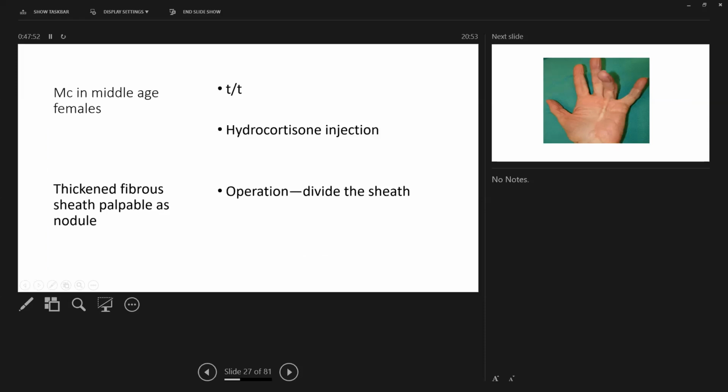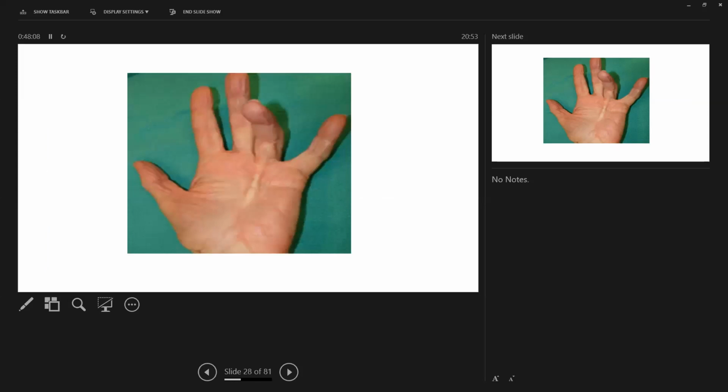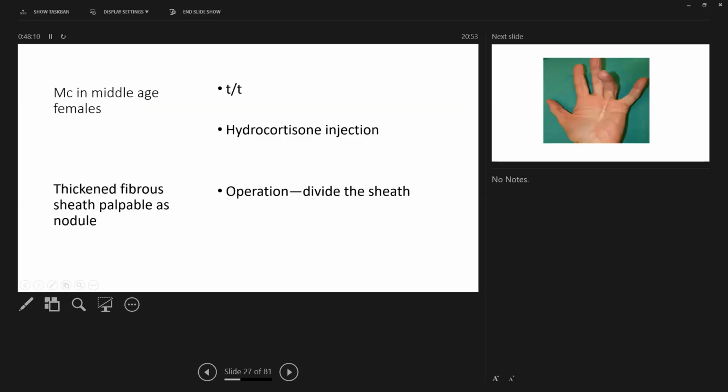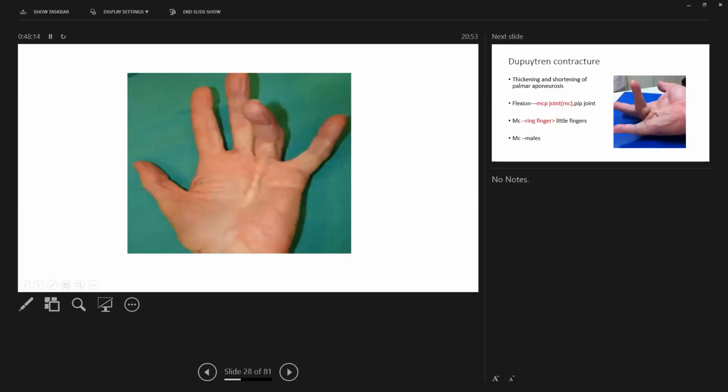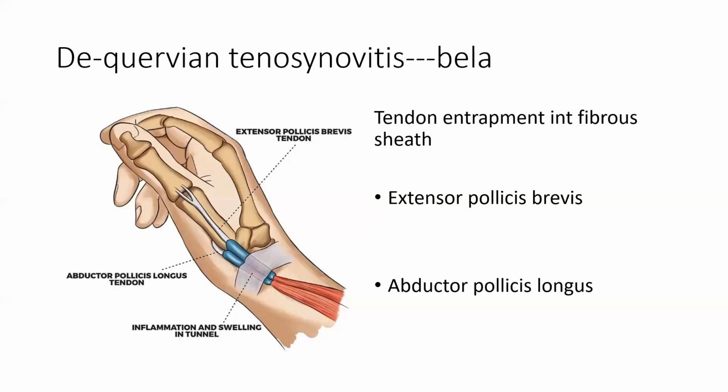Sorry यार, I think कुछ और चल रहा है. Just wait. Some issue.